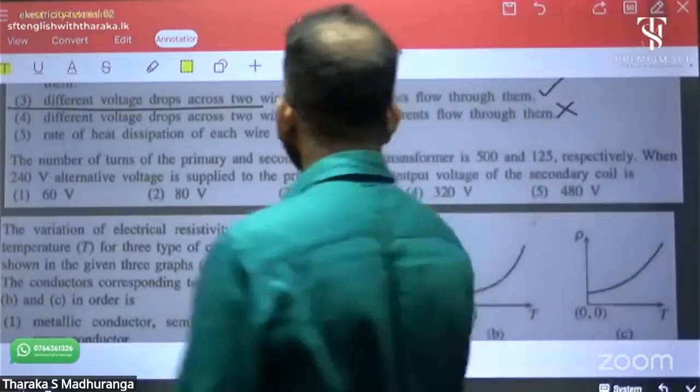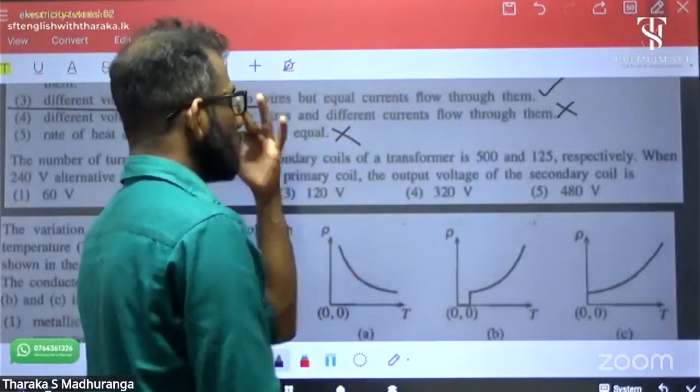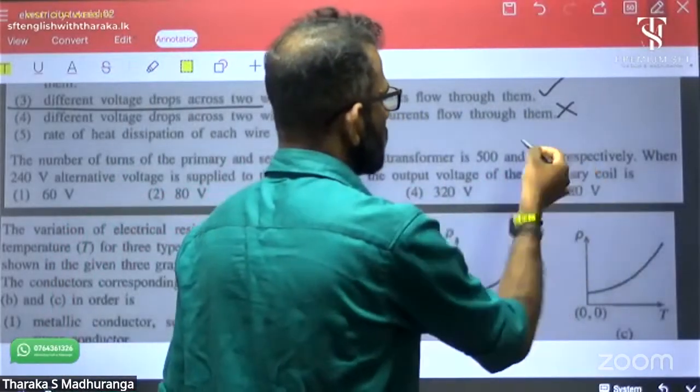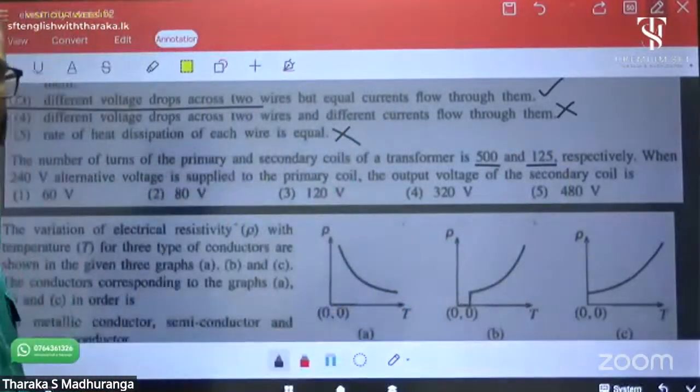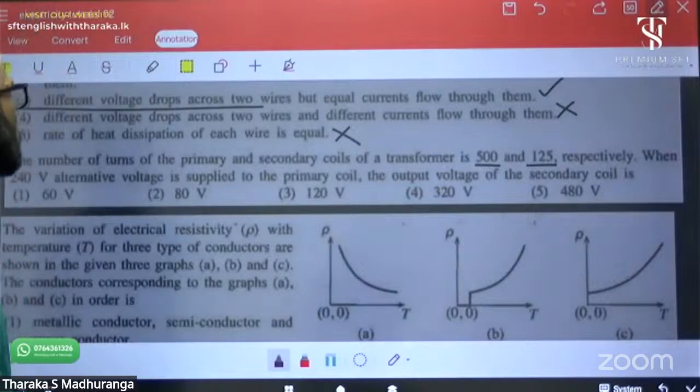Definitely it is step down, because the secondary coil has fewer turns than the primary coil. Step down, voltage decreasing.